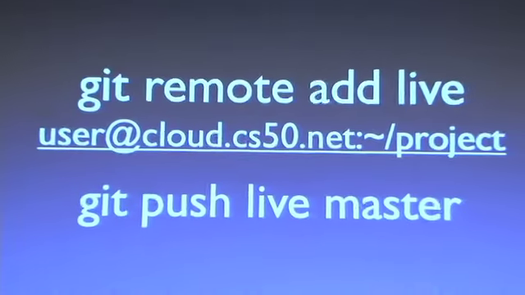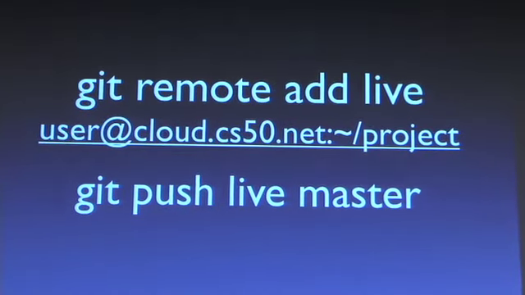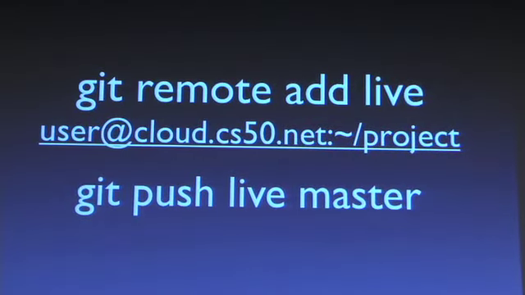I can have another remote called live, which is the live site, what users are actually seeing. So instead of just backing code up to GitHub, if I want to send all of my code to my site, so that a user accessing the site gets the new version, I would say something like git push live master. Basically, we can have this same history sent to multiple places by creating remotes.